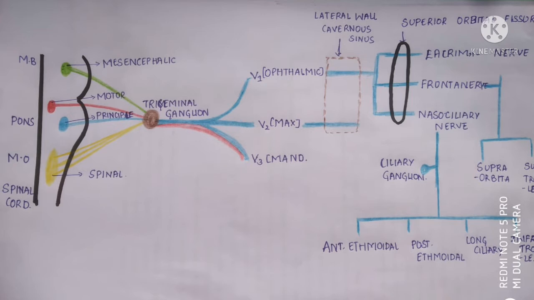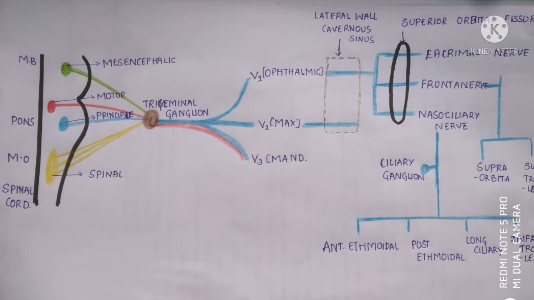Both the ophthalmic and the maxillary nerve pass through the lateral wall of the cavernous sinus. This ophthalmic nerve is the smallest nerve when compared to the other nerves, and it is a purely sensory nerve.